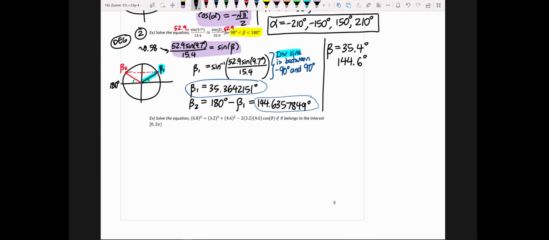Okay, so step 3, you add period times k to each solution. In degrees, we're adding 360 degrees times k to each solution. So this is going to generate all solutions. However, we only want to report the solution in quadrant 2. So the solution in quadrant 2 is 144.6 degrees.